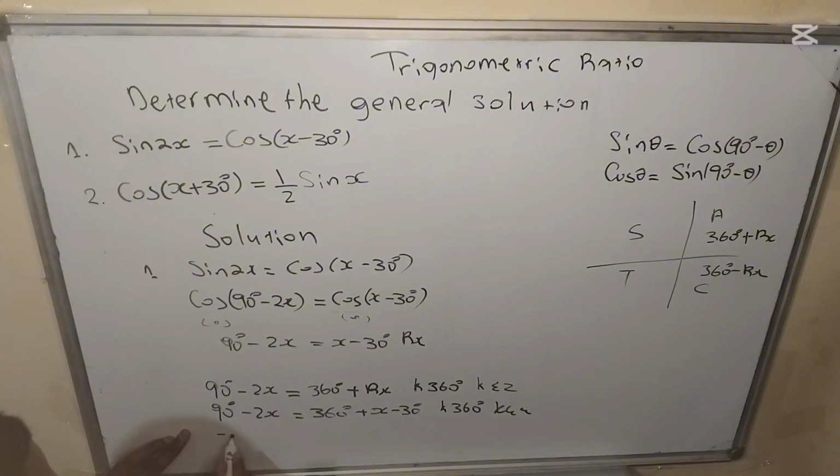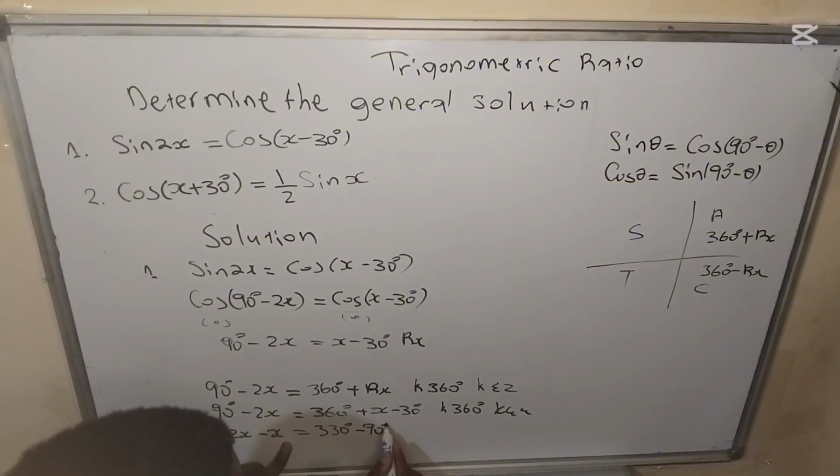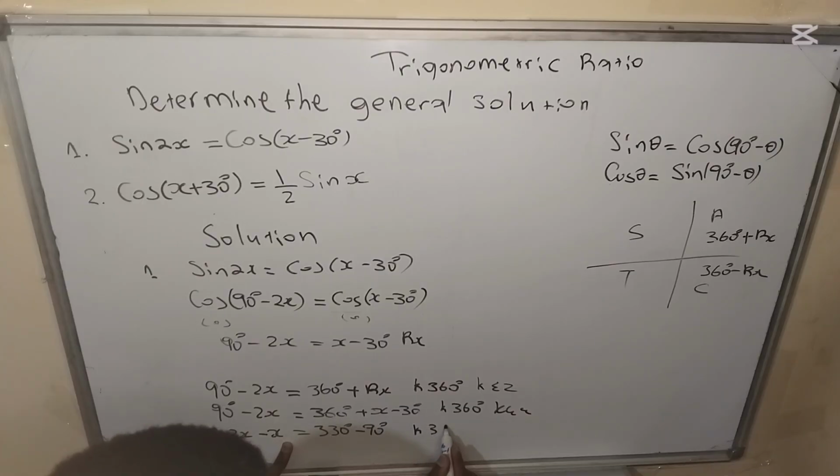We have minus 2x minus x, I've transposed this x, equal to 360 degrees plus 360 degrees minus 30 degrees, which is 330 degrees, minus 90 degrees. K, 360 degrees. K is an element of Z.